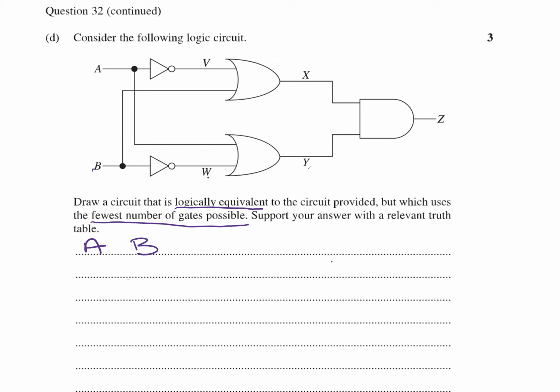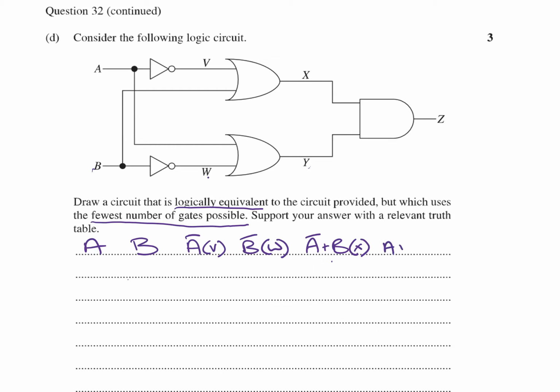A, B, we've got V, which is not A. I'll put that in brackets, V. And then we have W, which is not B. And then we have X, which is not A or B. So not A or B, and that's called X. And then we have not B or A before it gets passed through.